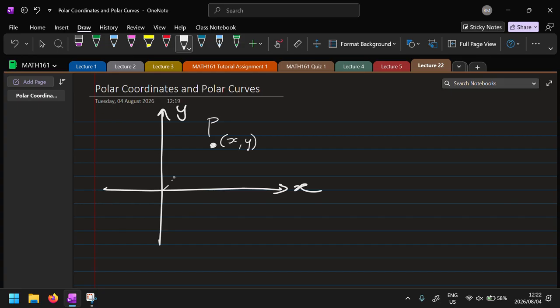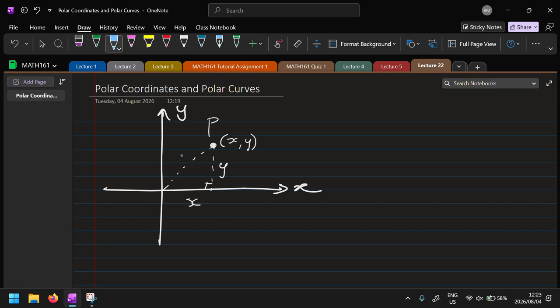So we can fill that in here. Let's say we've got this line here, and we can draw in our right angle triangle. From the points given, we know that the base of the triangle is x. The height of the triangle there, that's just going to be y. Okay, that's still in Cartesian. What we want to do is now convert to polar coordinates, where instead of x and y, we look at r and theta.